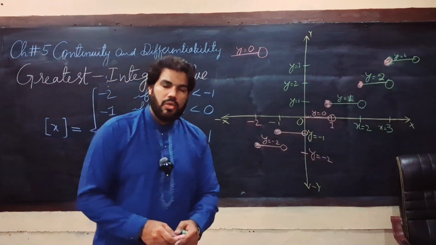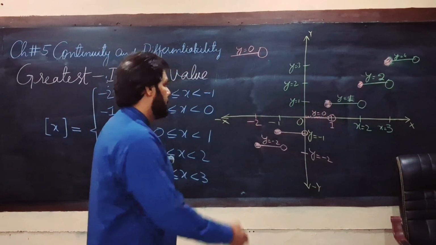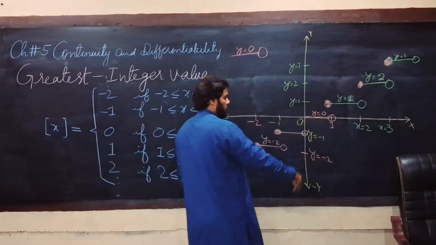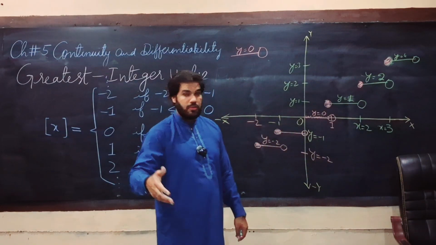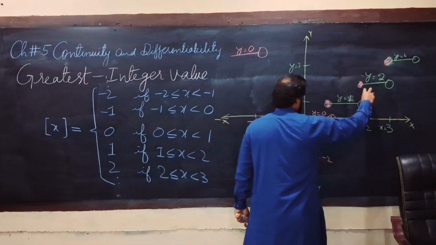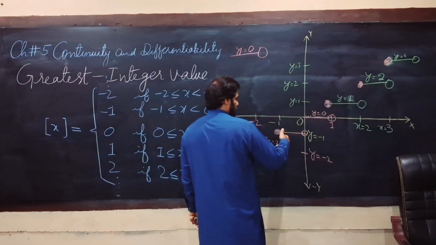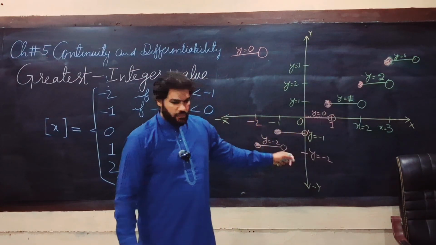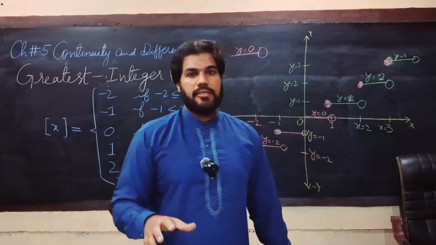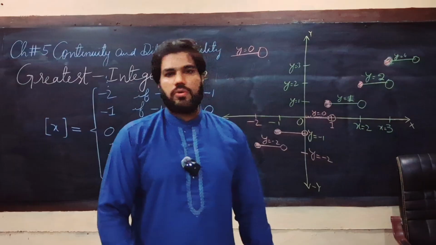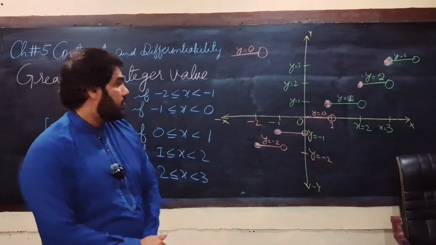For a continuous function, you know the graph has no break. There are infinitely many breaks in the graph of this function. There are many points where the graph has a jump. The first jump is here, the second jump is here, the third jump is here, and so on. Similarly, there is a jump here on the negative side. So for every integral point, the graph of the function has a jump, a break. That's why this function has infinitely many discontinuities.